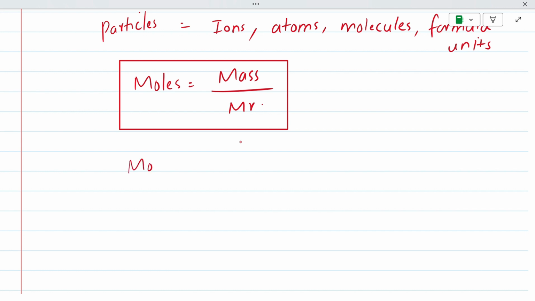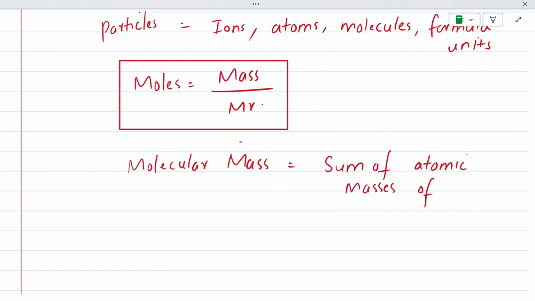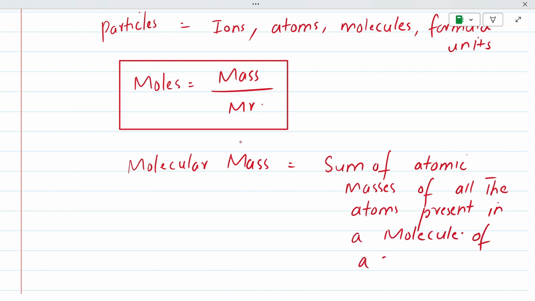Relative molecular mass or molecular mass is the sum of atomic masses of all the atoms present in a molecule of a compound.